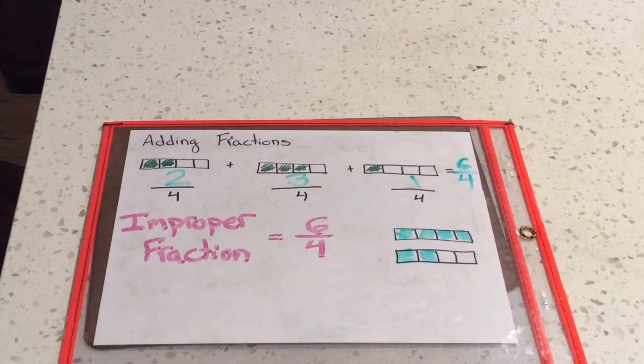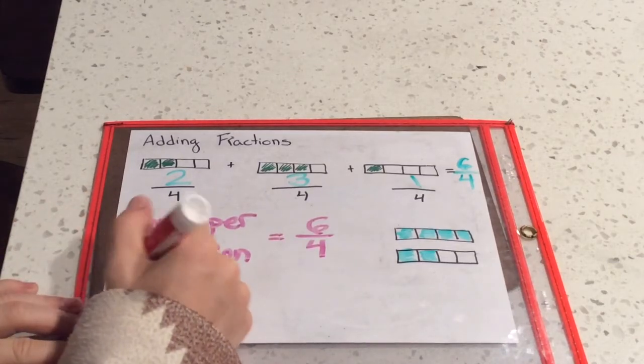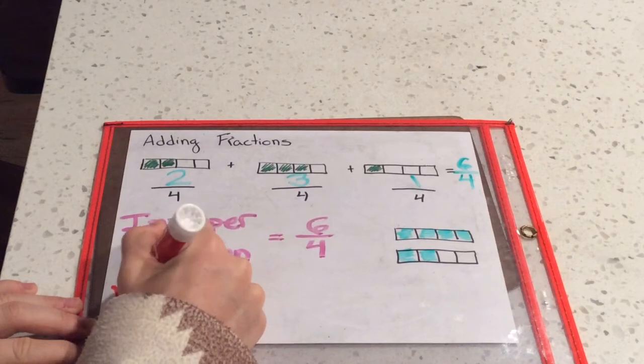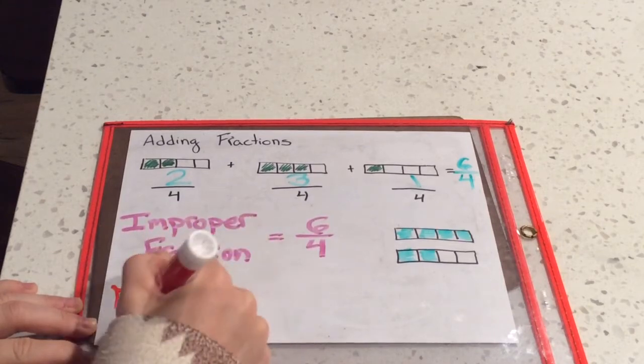But when I used those fraction strips just a moment ago, those fraction strips indicated that more than one whole was filled in. So another term that we're going to be using often is something called a mixed number.